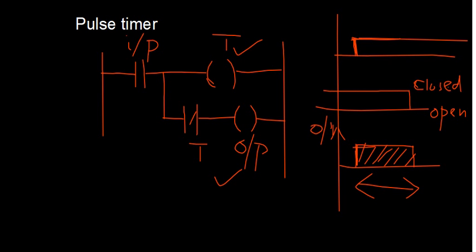I have taken normally closed here now. So once the preset time period has elapsed, this contact now gets opened and you are going to get a pulse here, the output pulse, something like this. So this is another kind of operation that you can have using the timer.